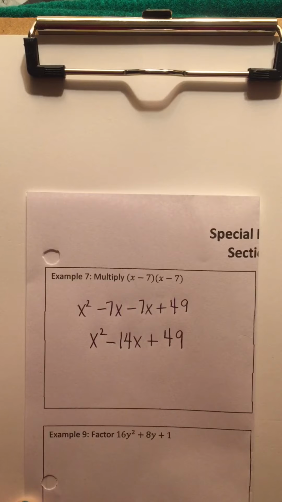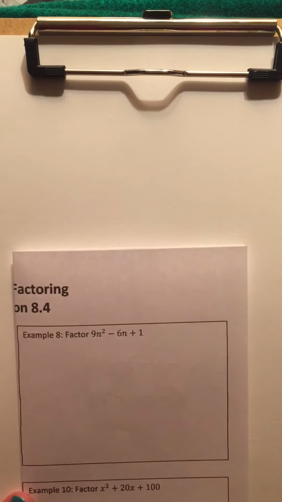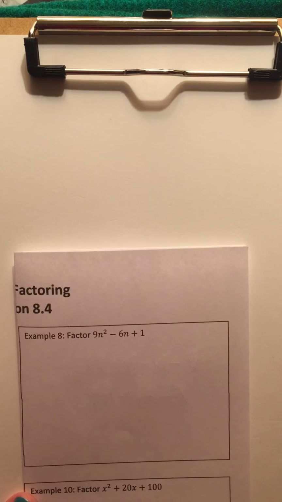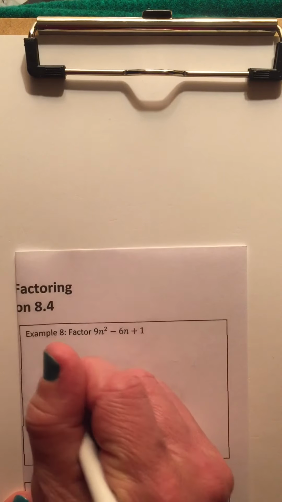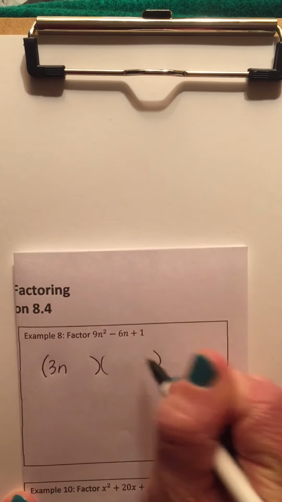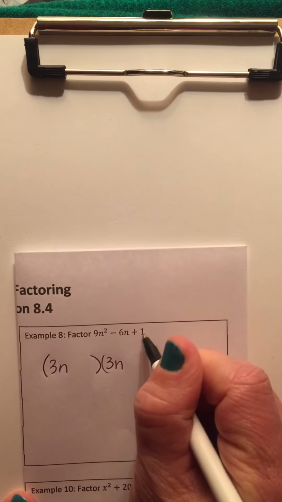49 is a perfect square. 14 equals 7 plus 7. So in this case, we've got 9n squared minus 6n plus 1. 9 is our perfect square, so we're going to have 3n and a 3n.